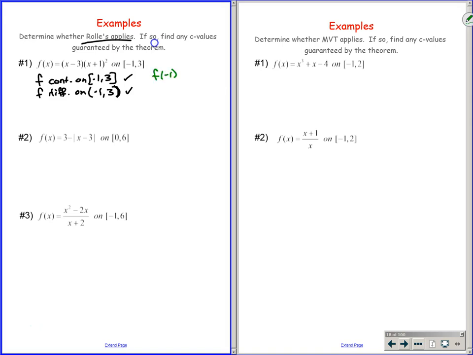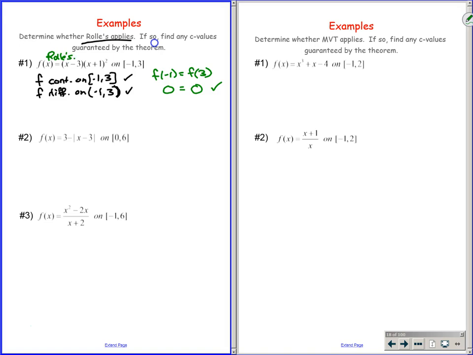Plugging in negative 1, I get 0, right? So that's a 0 squared is 0, times anything is 0. Equals plugging in 3, 0. Oh my goodness. Does 0 equal 0? Yes. So does Rolle's apply? Yes. So I can say this is a Rolle's problem.